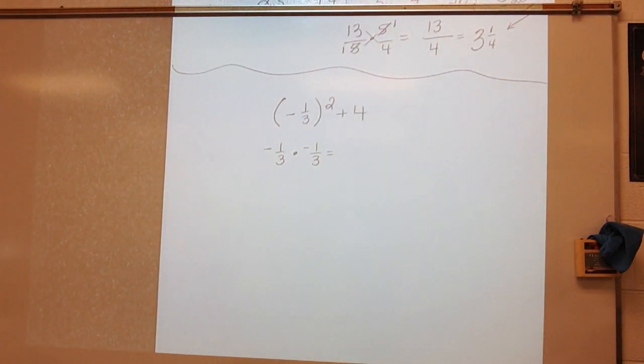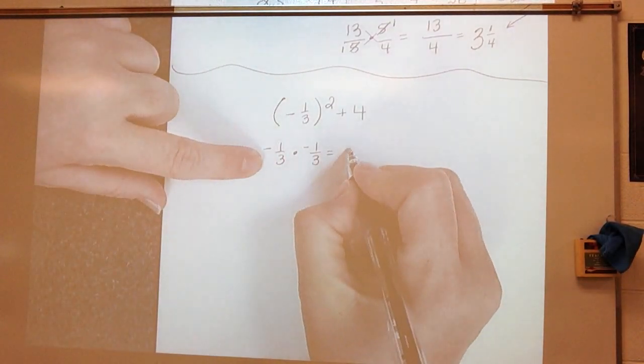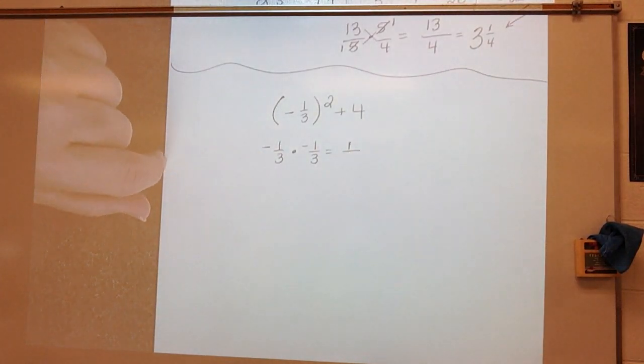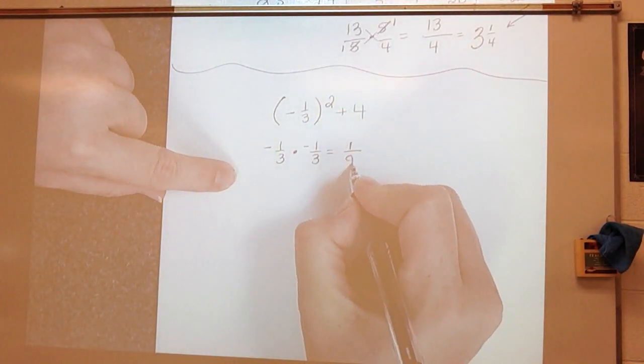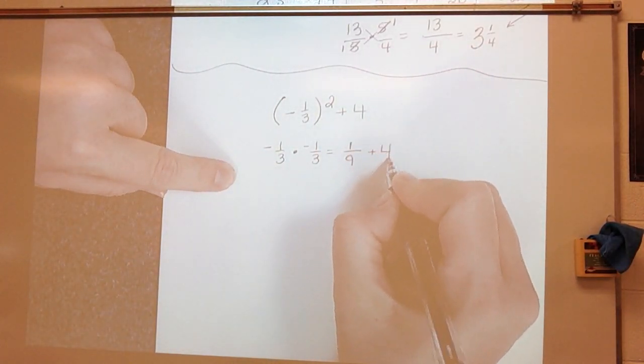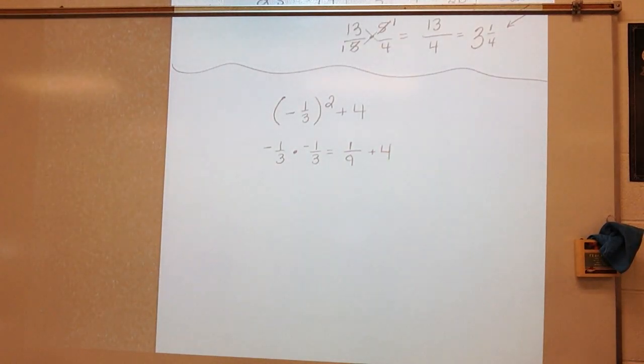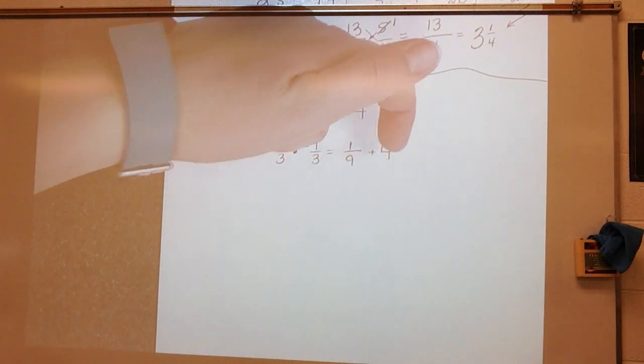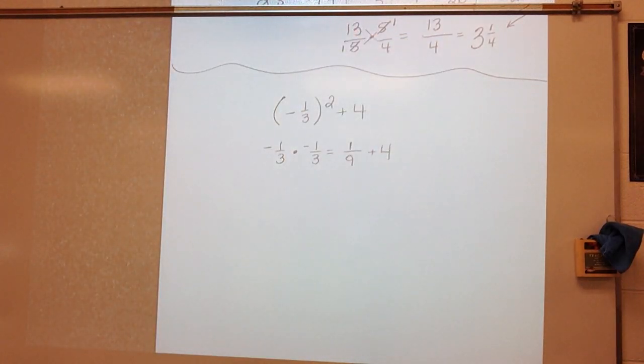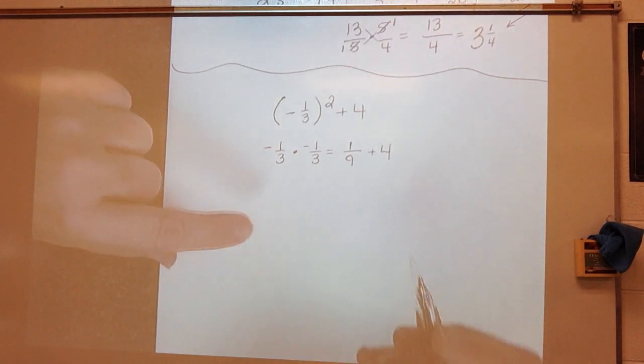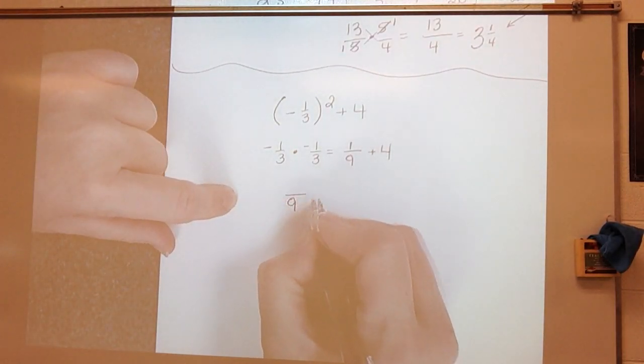So negative 1 times negative 1 is a positive 1. 3 times 3 is 9. So now I have 1/9 plus 4. Remember, I have to have common denominators. Even though this is a whole number, I've got to have a common denominator. So my common denominator would be 9.